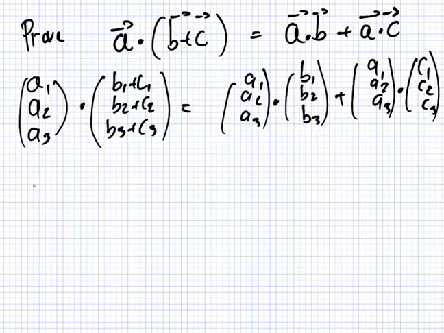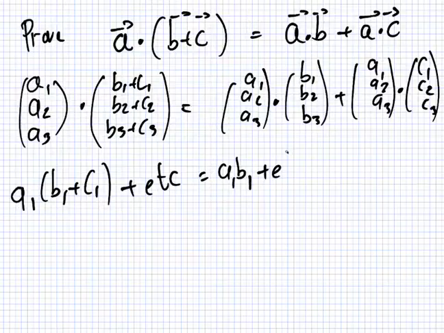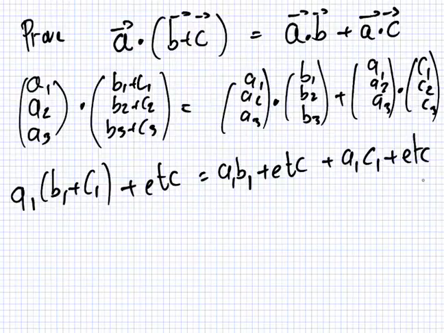So when I multiply this together, I'll cheat a little bit because I'll just say a1 times (b1 plus c1), etc. for the 2's as well. It'll be the same, a2, b2, c2, a3, b3, c3.